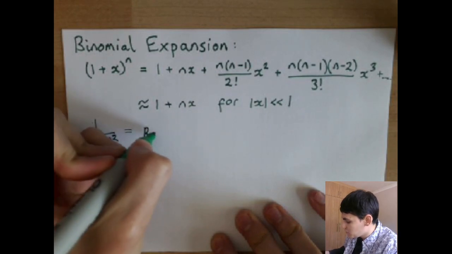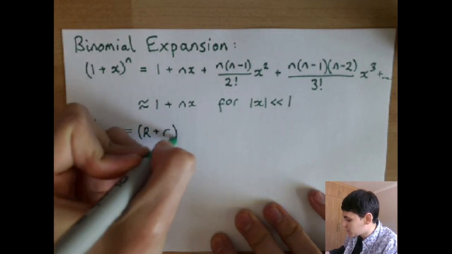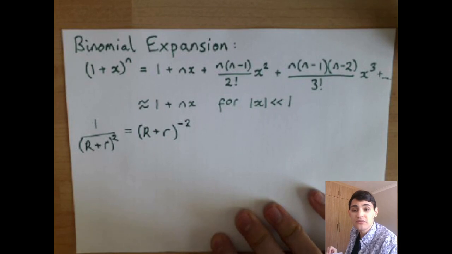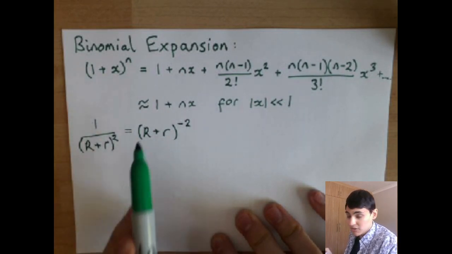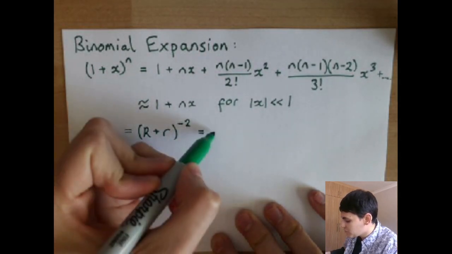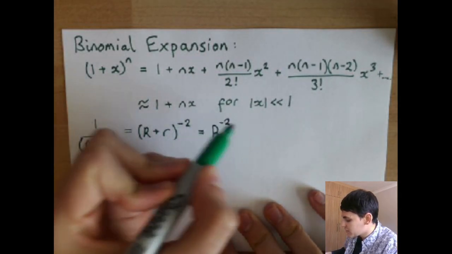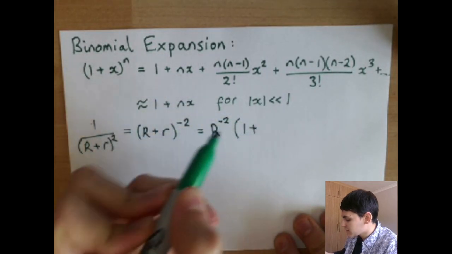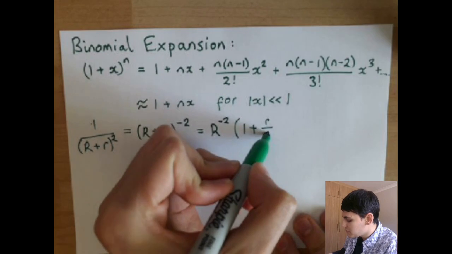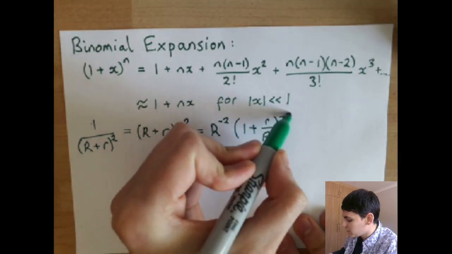So we end up with big R plus little r all to the power of minus 2. Okay. Then I'm going to factor out the big R, and we end up with big R to the minus 2 multiplied by 1 plus little r over big R all to the minus 2.